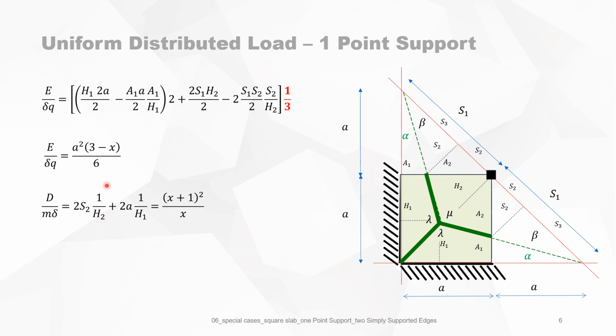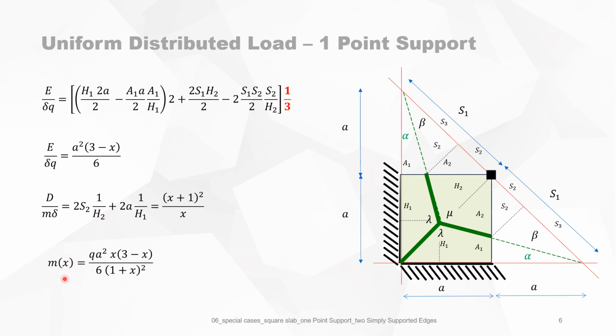So that's this term. And on the other side, we have this yield line projected from this axis on this axis. So it's 8A times delta over H1, but we got that twice because this is the same. We again express it as a function of x, substituting H1 and H2, and we get this expression.